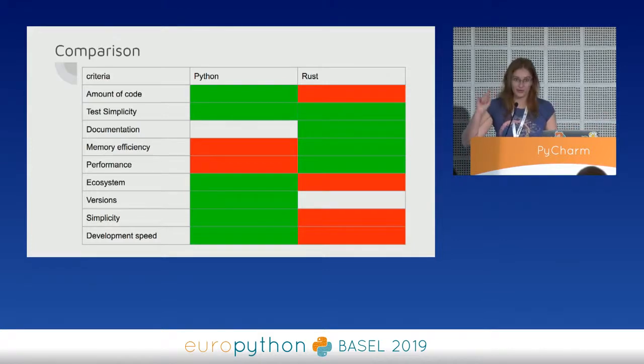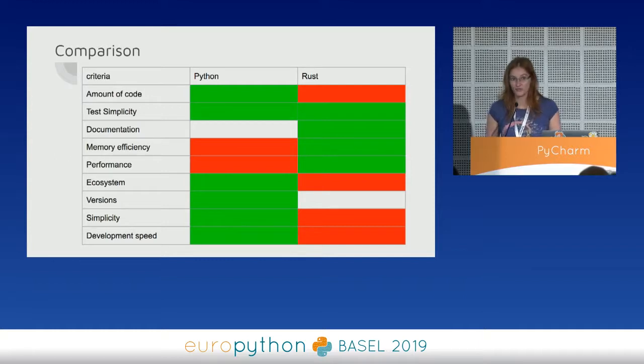Ecosystem, by the way, there was no parallelization in the program, so it can run even faster and quite cheaper for that matter. Ecosystem, Python is a clear advantage there. There is no denying that. Versions, in Python, you should have no problems if you got rid of your Python 2, hopefully. And in Rust, it will depend whether you have to use nightly or not.